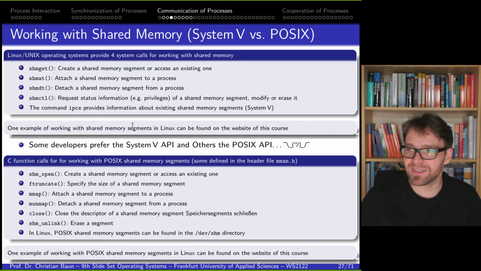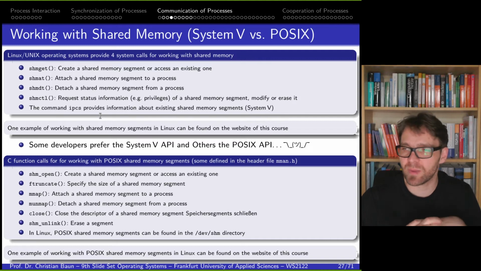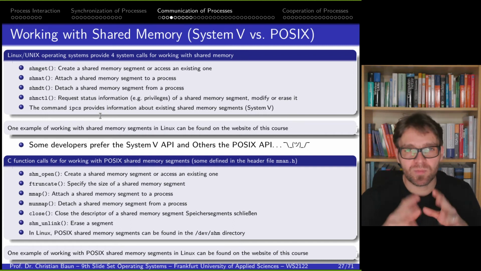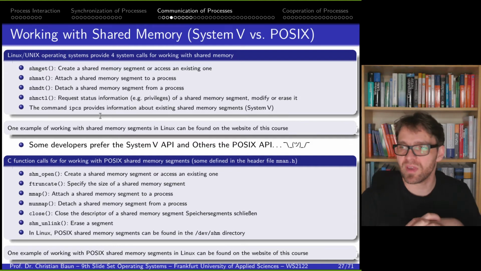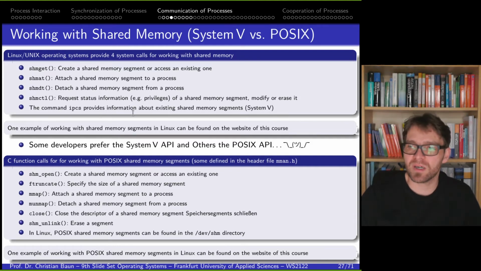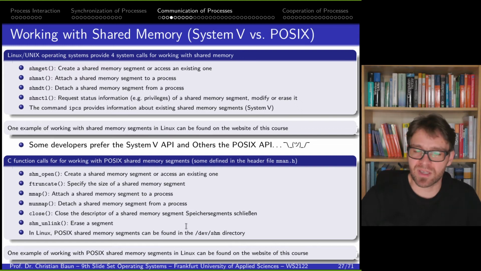You can just check my webpage and you will find examples there about how to implement the life cycle of a shared memory segment: creation, attachment, detachment, erasing it, and so on. With System 5, and I also have an example about the POSIX API. In POSIX it's a bit more complicated, but nevertheless some people still prefer it and it's okay.